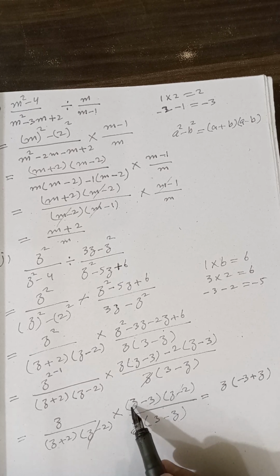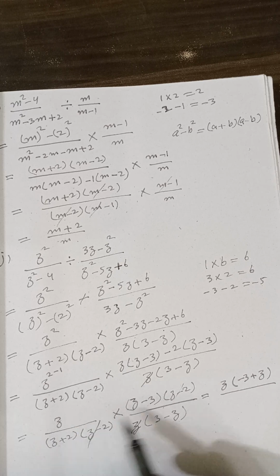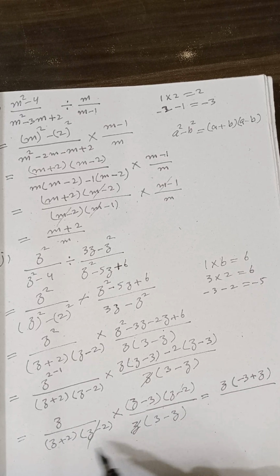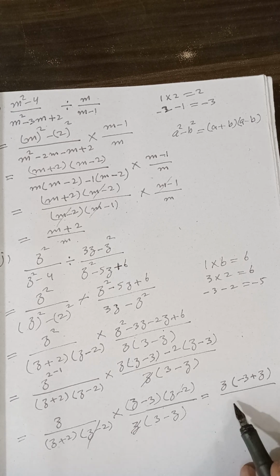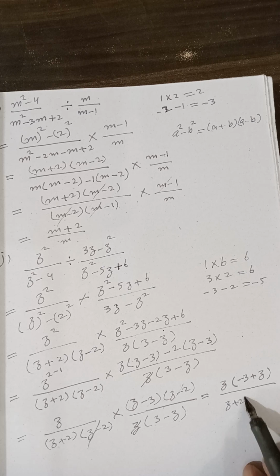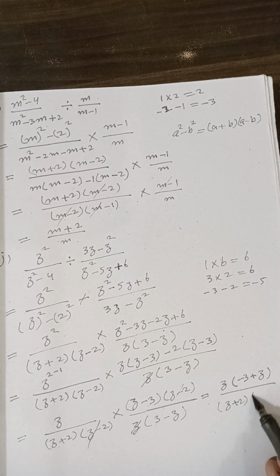Therefore I change the arrangement of this one. This z minus 3 has become minus 3 plus z, and in the denominator see z plus 2. Z plus 2 is here, and this is the same 3 minus z.